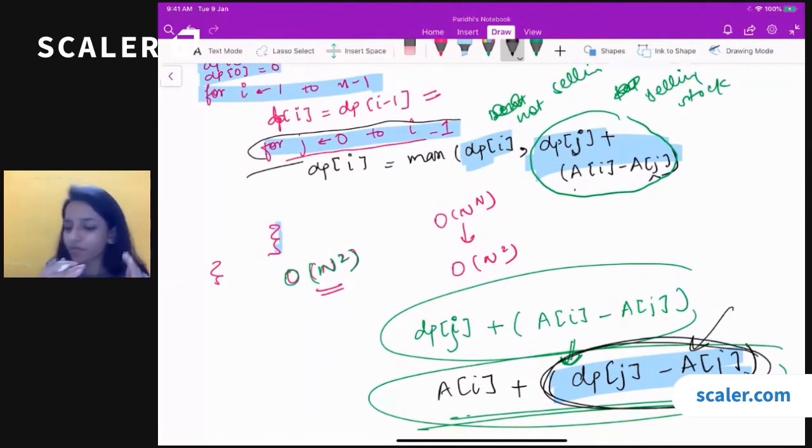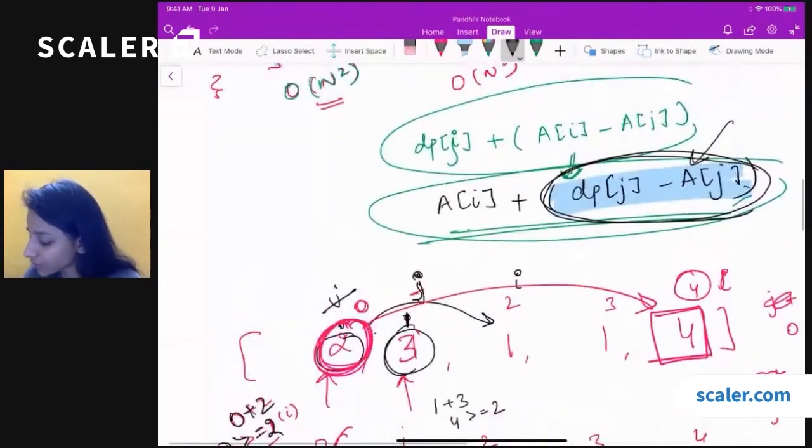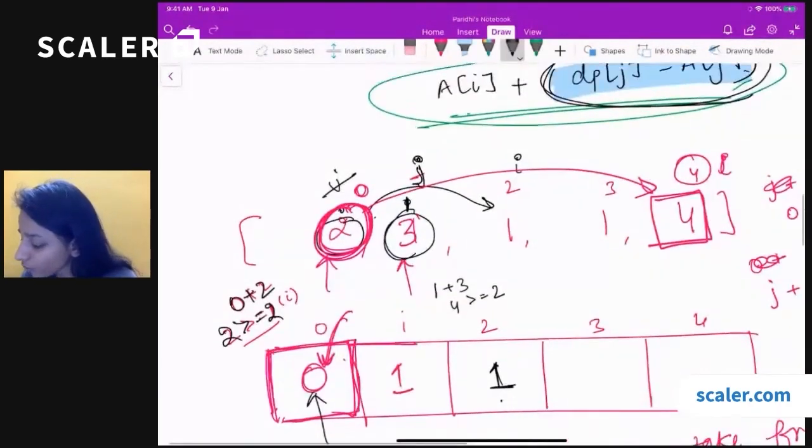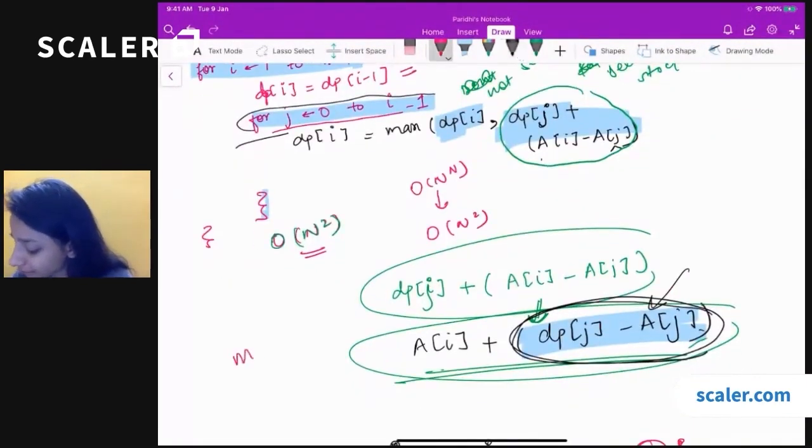Now we are actually iterating in this j loop to find for which value of j this is maximum. So instead of going through every element and checking for which value of j this thing is maximum, we can actually keep on storing it from the start. So that's what we are doing over here. We can actually maintain a max variable. Let's call it max var.